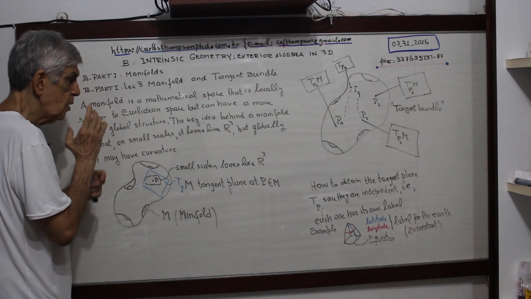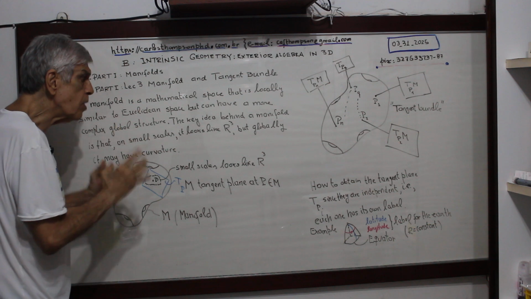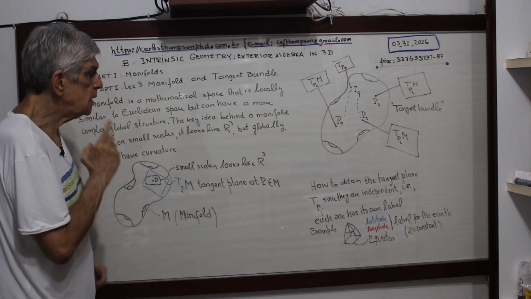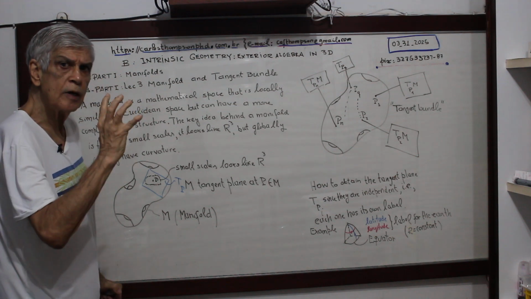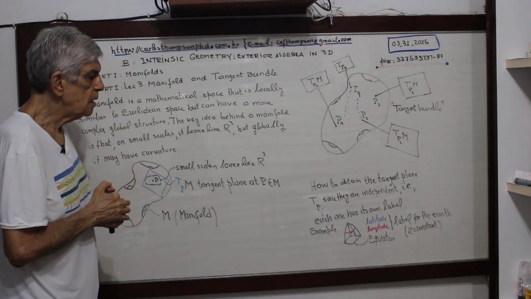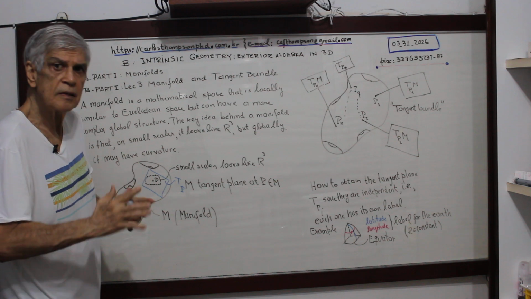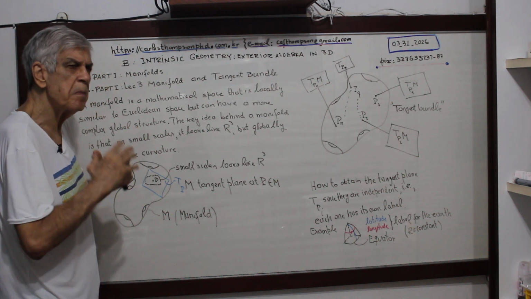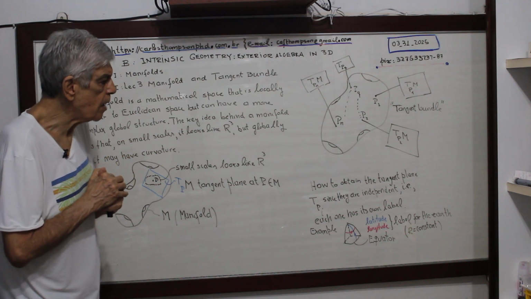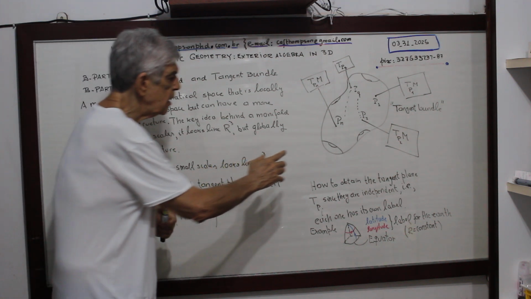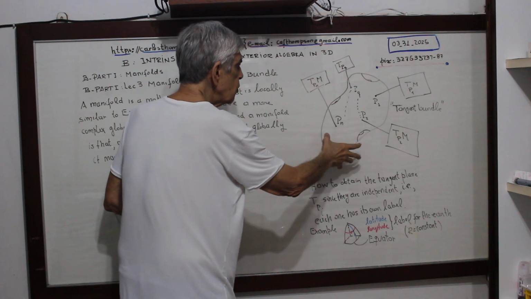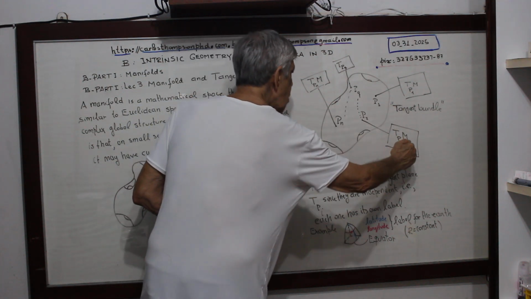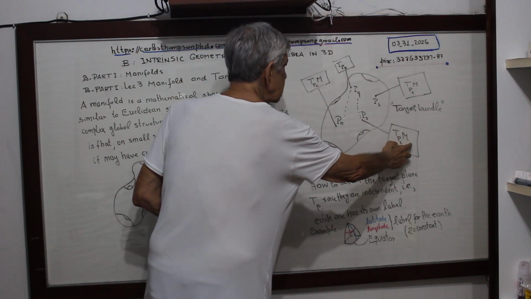Okay, one important concept is that all the points in the manifold are independent. Okay, that's a very, very fundamental concept. You see, each point of this manifold has its own tangent plane.